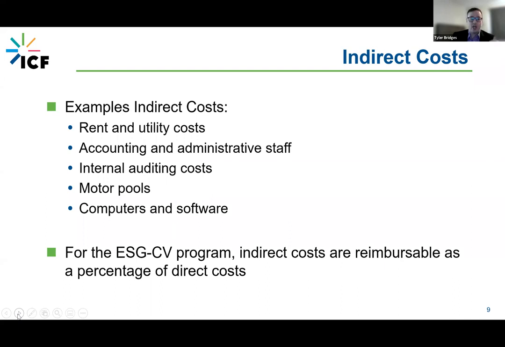And so we had just gone over computers, for example, being able to be either direct or indirect. For the ESG-CV program, and this is important, indirect costs are reimbursable as a percentage of direct costs. We will discuss this in more detail in the next section of this training, but it's important to begin to understand the relationship between direct and indirect costs.